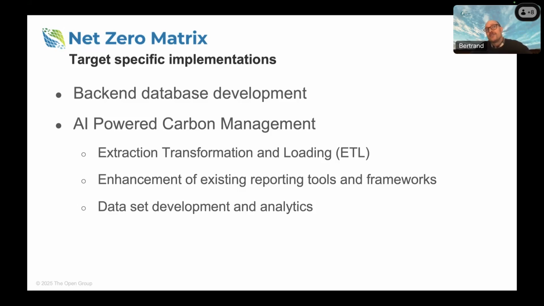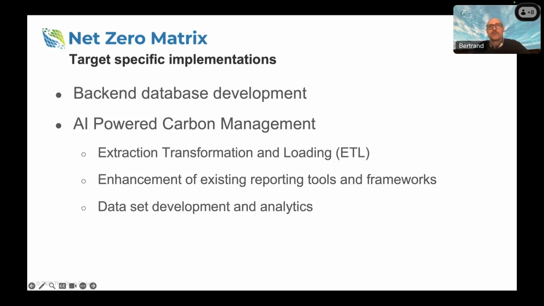And then looking closely at the AI-powered carbon management work that we're doing, and this AI focus as far as the application architecture that we're looking at within our software development lifecycle. So looking at how we're using AI to assist in ETL, or extraction, transformation, and loading workflows.